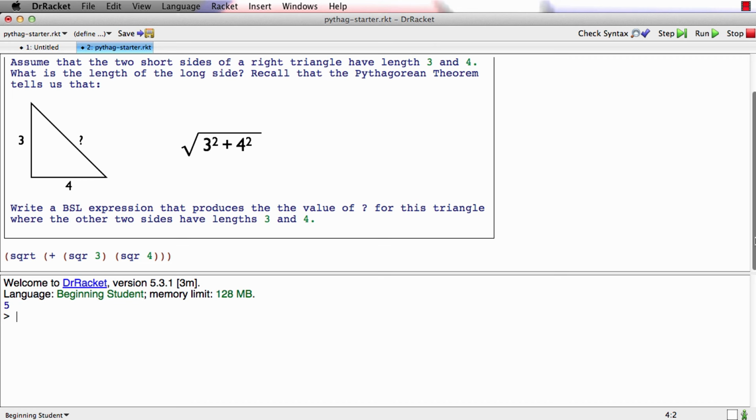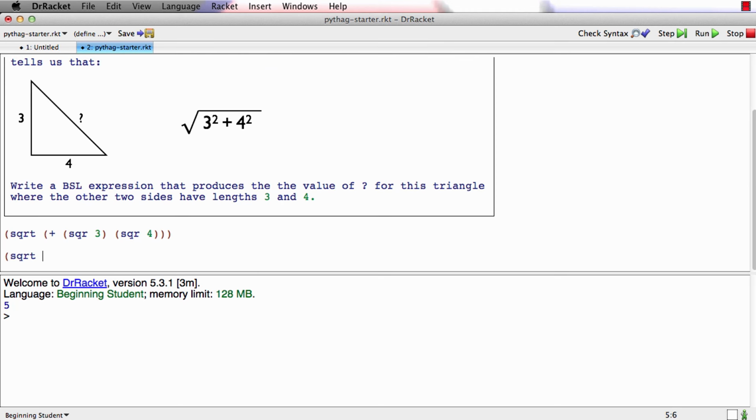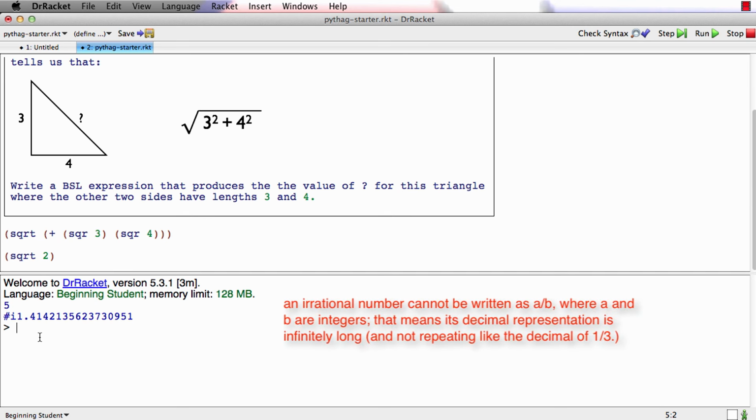There is, however, one little detail I need to tell you, a little bit more math, and then we'll go on. If I take the square root of 2 and run that, look at this funny thing Racket is telling me that I see. Why is that? Well, you may know that the square root of 2 is an irrational number, and what it means to be an irrational number is that it takes infinite space to write the number down.